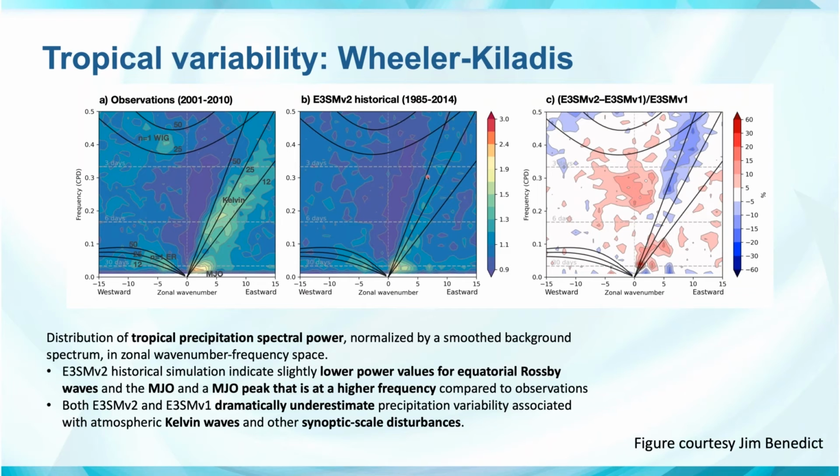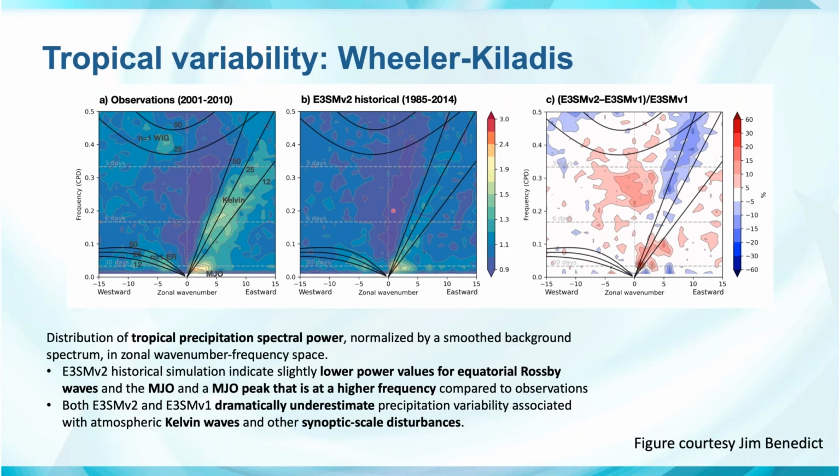Some plots about tropical variability, the Wheeler-Kiladis diagrams. We're doing reasonably well in terms of MJO, but we miss a little bit of amplitude as well as in equatorial Rossby waves. Here, the amplitude is a little bit underestimated, but we dramatically underestimate the variability with Kelvin waves in this region compared to observation.